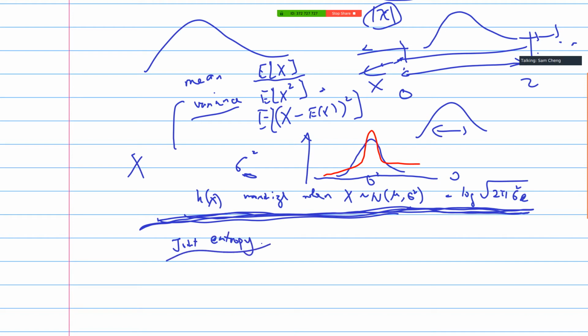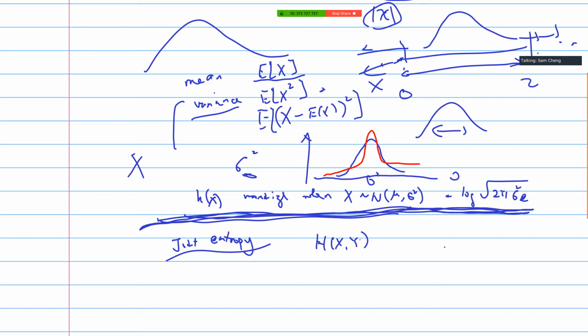Just expanding on what we were talking about, the regular entropy. Instead of the entropy of one random variable, I can talk about the entropy of two random variables.